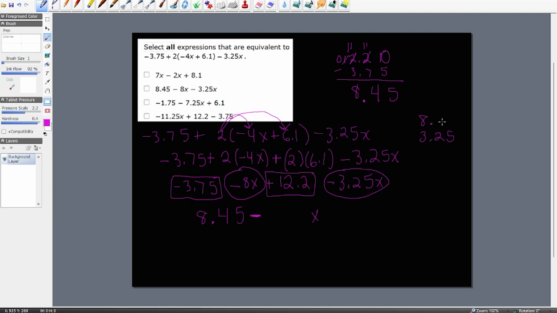Notice I aligned the decimals again. I'm just adding zeros to make everything line up nicely. And there's our answer. Now let's set about seeing which of these are equal.